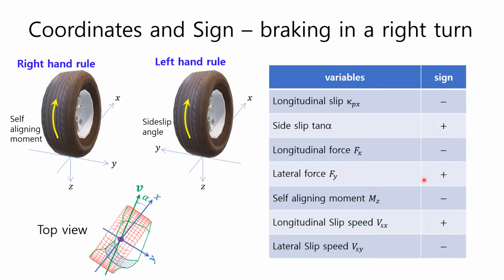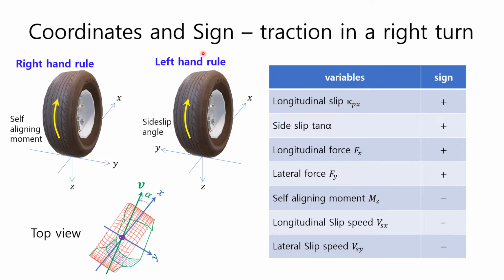Depending on the right-hand rule, self-aligning moment Mz has minus sign, which is opposite to that of side slip tangent alpha. Longitudinal slip speed Vsx has plus sign, and the lateral slip speed Vsy has minus sign, because slip speed should be opposite sign to the corresponding forces.